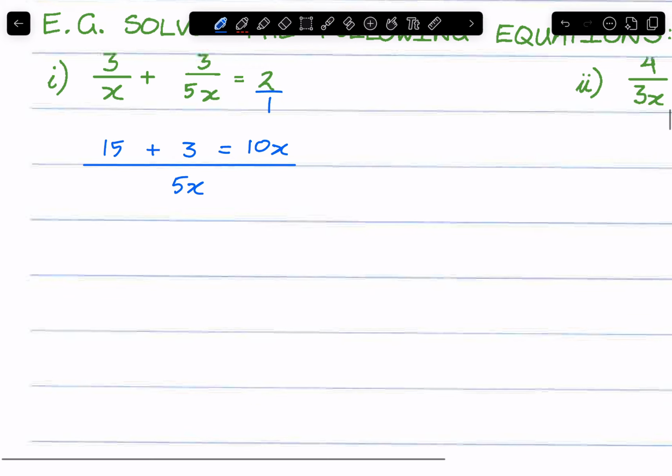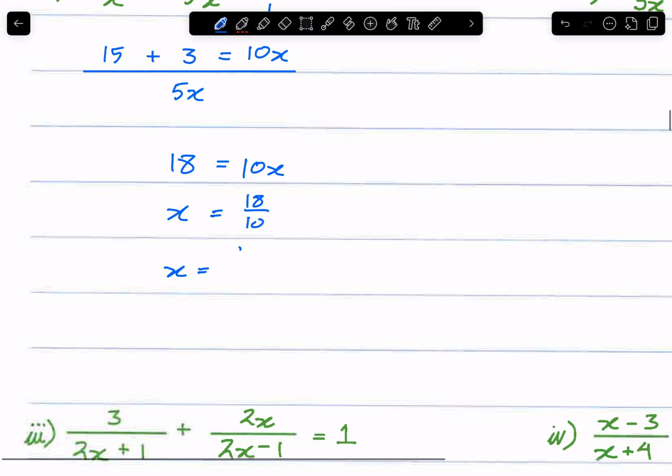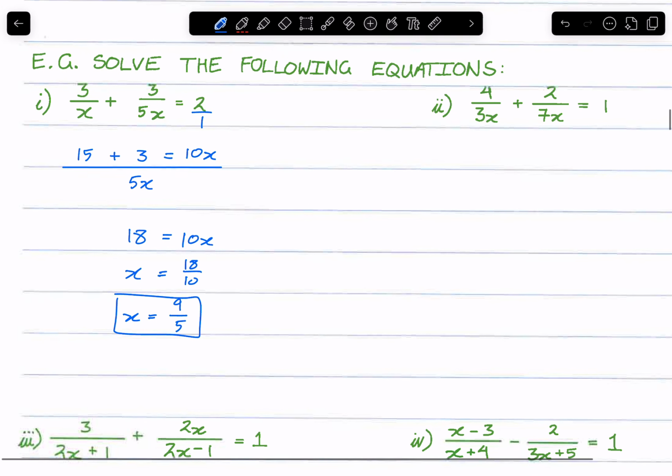This leaves us with, adding these two, 18 equals 10x. And then dividing both sides by 10, we get x equals 18 over 10, which simplifies down to 9 over 5, or 1.8 as a decimal.